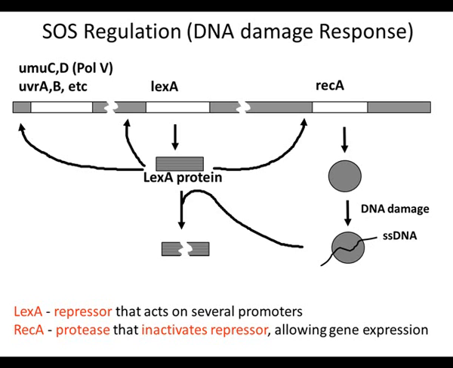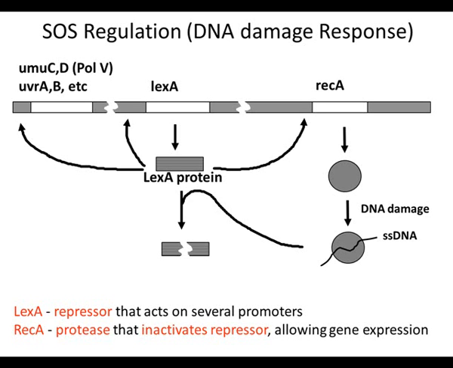RecA bound to single-stranded DNA gets rid of a repressor called LexA, and this repressor controls a bunch of genes, including itself, recA, and a bunch of DNA repair genes, including the uvr genes. So when you have DNA damage, you destroy this repressor, and all these genes get turned on because RNA polymerase can get to those promoters.